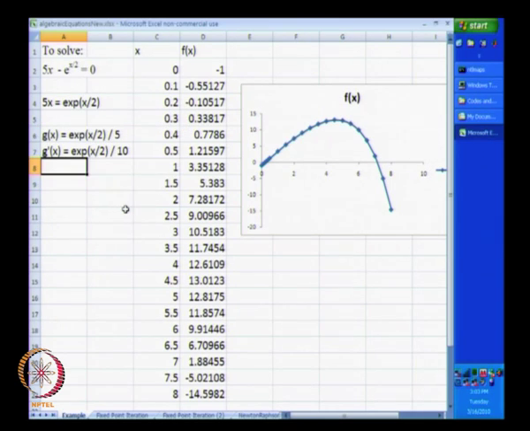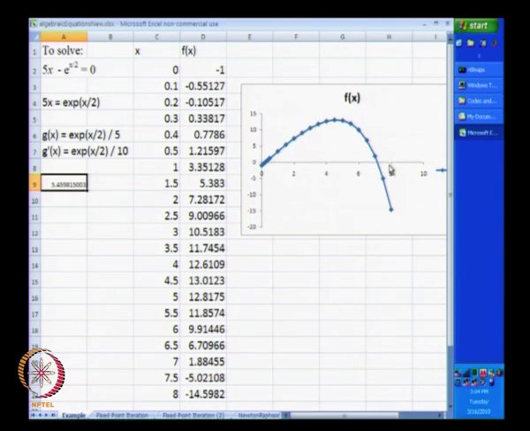Now when we started off with the value of 8, let us substitute that value and see what we get. That is exp of 8 by 2, the whole thing divided by 10, and we get that value as 5.4.